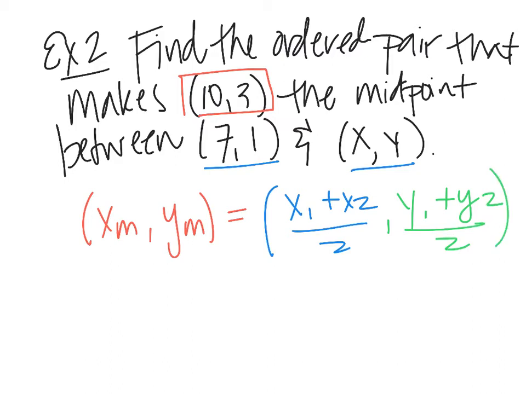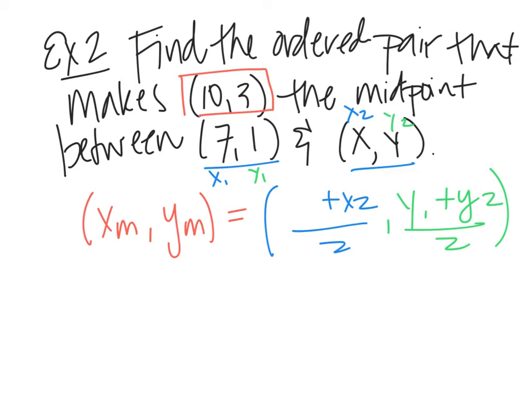So now we've just got to pull where x1 and y1 are. Here's my x's, x1, x2, and here's my y's, y1 and y2. And all I'm going to do is replace those. I'm going to take x1 out and put in what x1 is equal to.